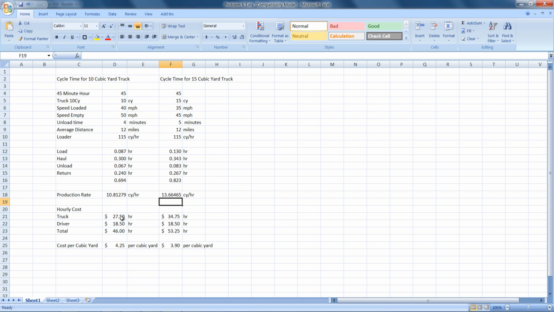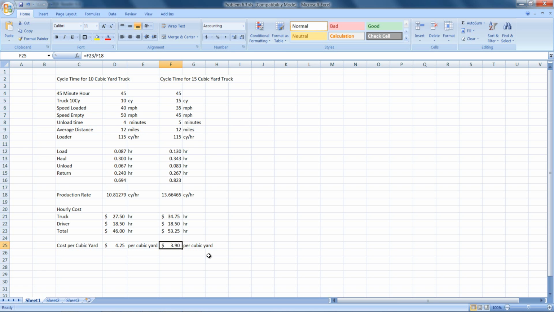And we figured our hourly costs of each vehicle, and just basically divided the cost per hour by the cubic yards per hour, and we've got the cost per cubic yard. The hours cancel each other out. So that is very simple.